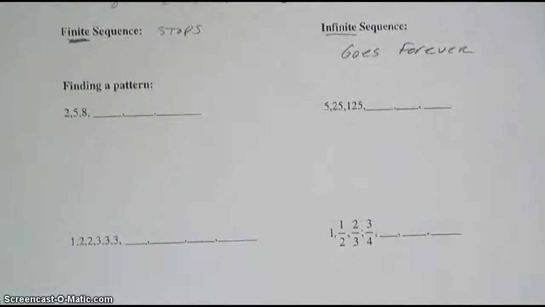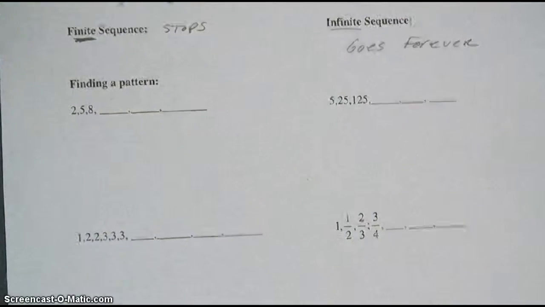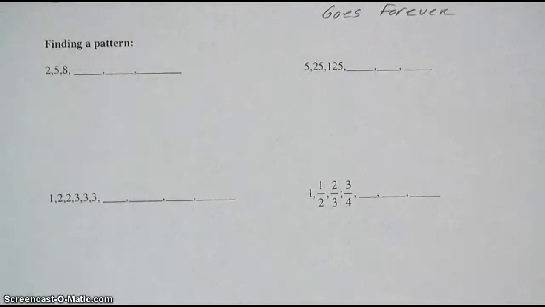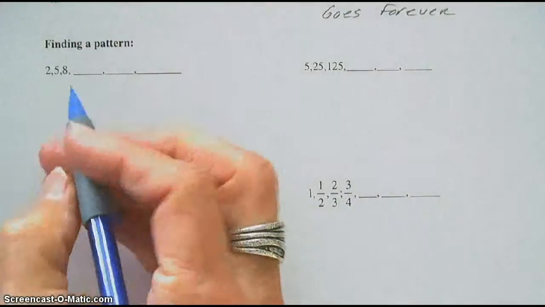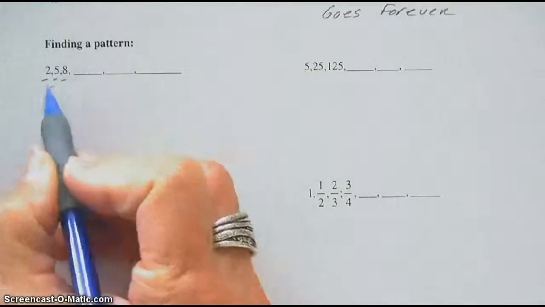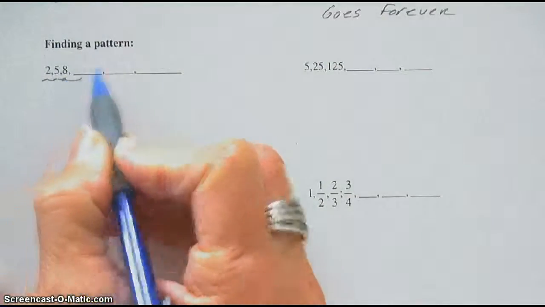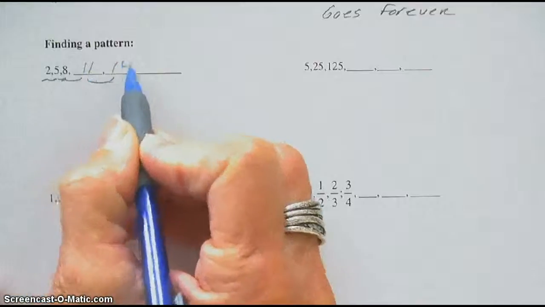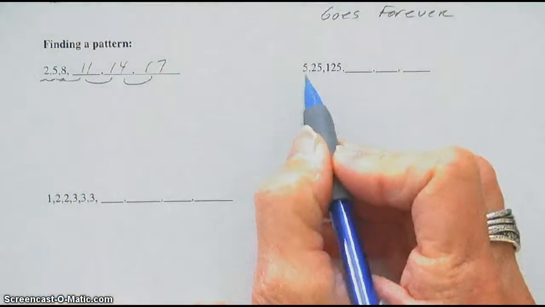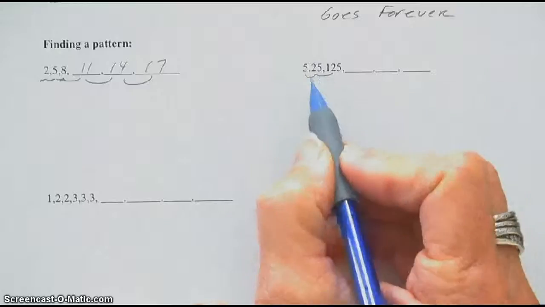Now when we're asked to find a pattern, sometimes it's easy to find the pattern and sometimes it's not quite so easy. So today I'm going to ask you to find a pattern. We just look at the numbers 2, 5, and 8, and we might see that they differ by 3, so we're going to just add 3 to the term. 5 goes up to 25, goes up to 125.